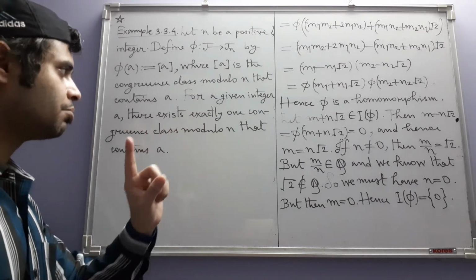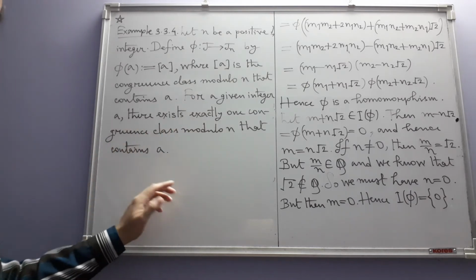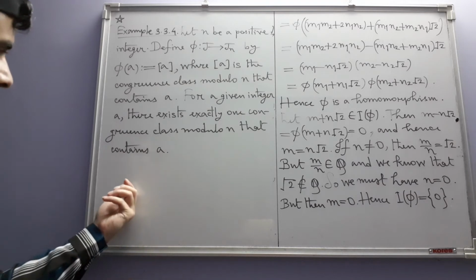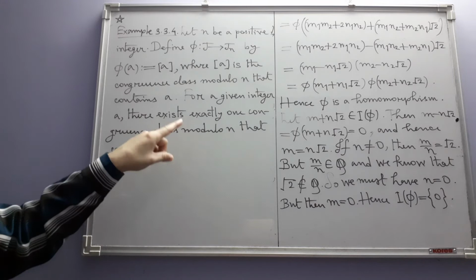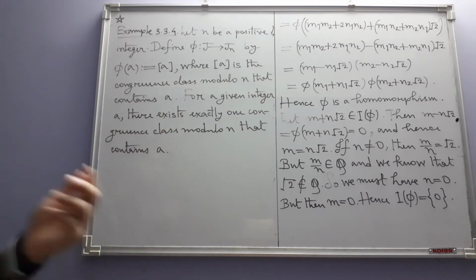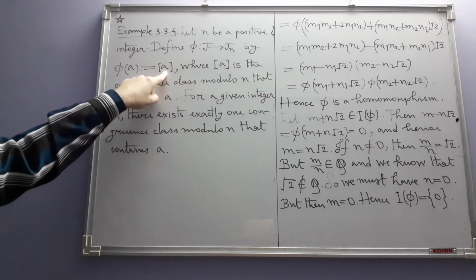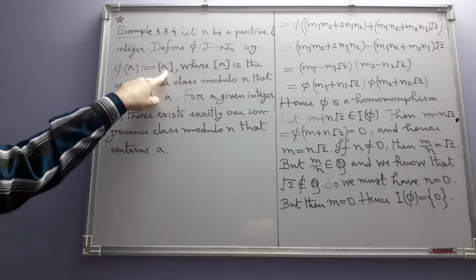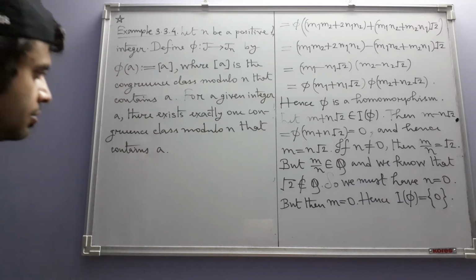But there cannot be more than one such congruence class. Why? Because the congruence classes are mutually disjoint, so they cannot have any element in common. So a cannot simultaneously be in two different congruence classes. That's why the congruence class which contains a exists and is unique, and that's why this function phi is well defined.